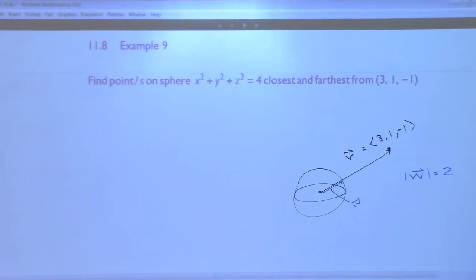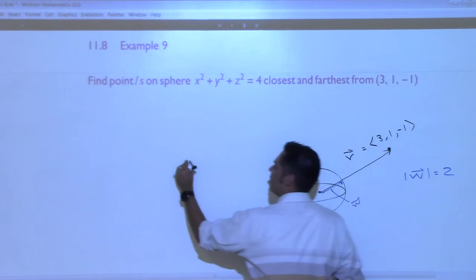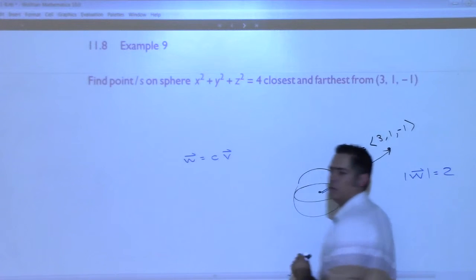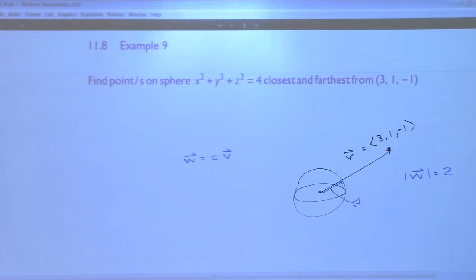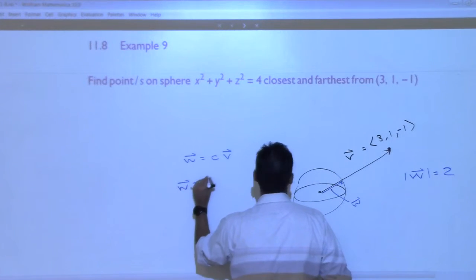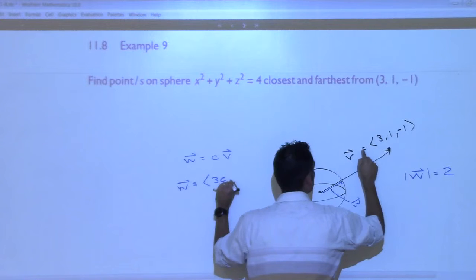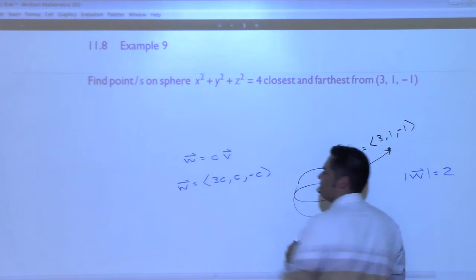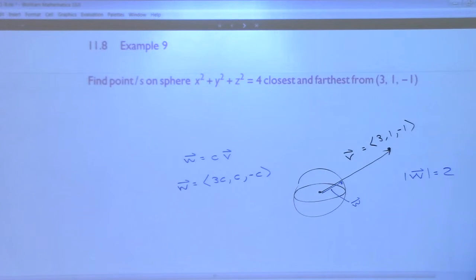Now W, by definition, is some scalar multiple of V, right? So W is 3C, C, -C. I don't know what C is, but it's got to be a scalar multiple of that. Now you take the magnitude of that. What's the magnitude of that?